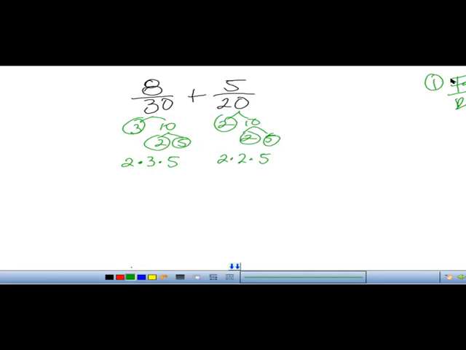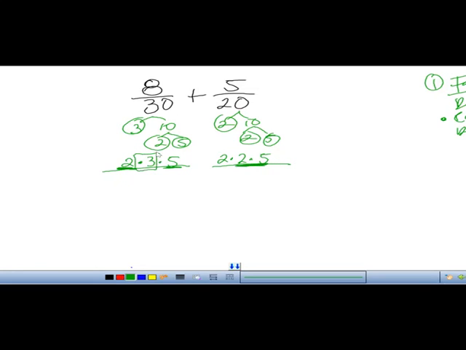All right, am I done with step 1? No. I said also identify the common denominator. First of all, look at this denominator and look at this denominator. What do they have in common? The 2 and the 5. So what does this one need that this one has?